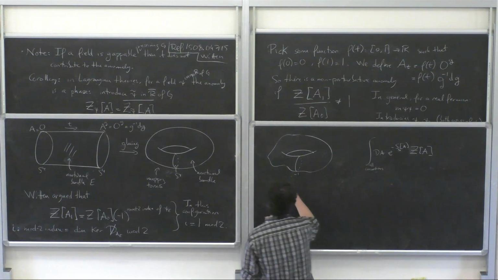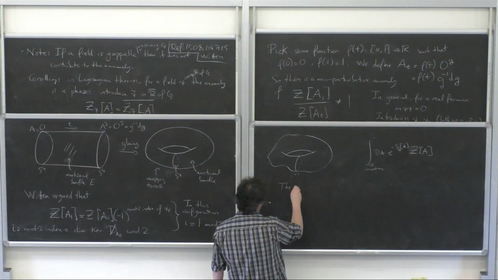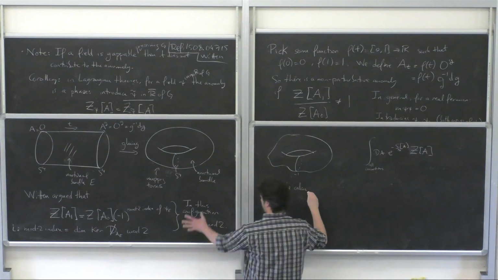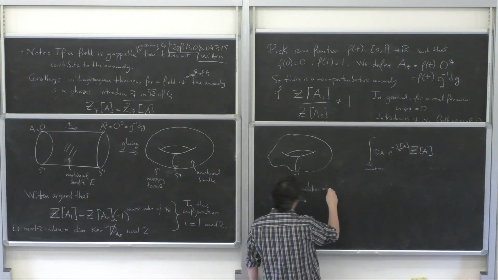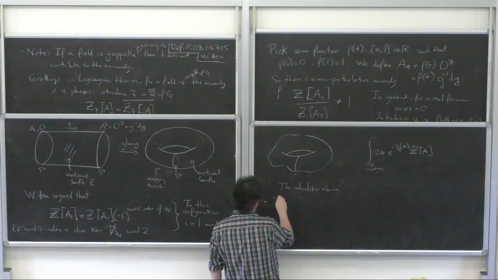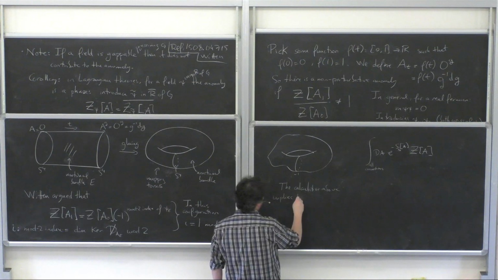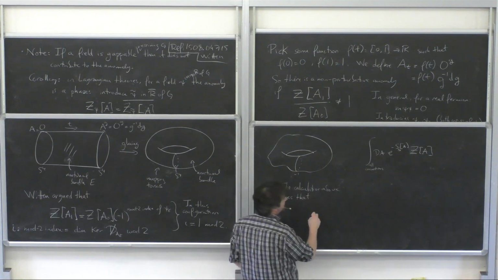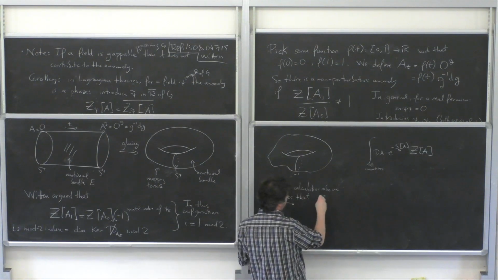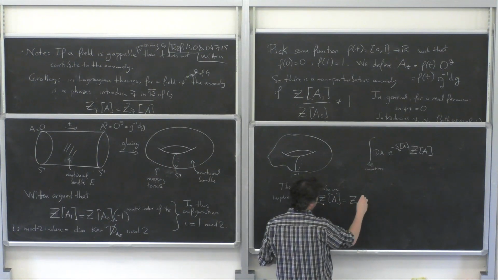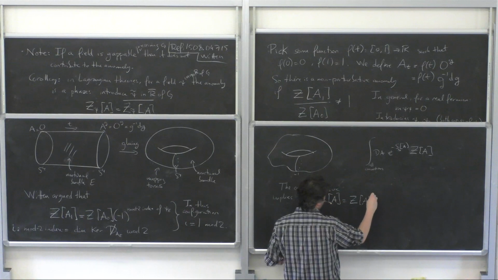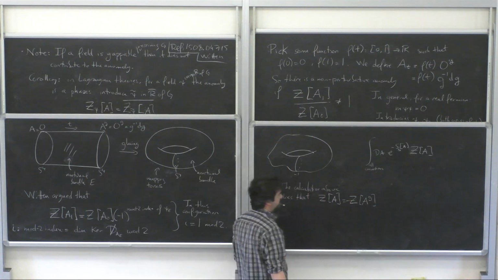So the calculation above implies, assuming that you believe this, that for any A, you do a gauge transform, you get a minus sign.